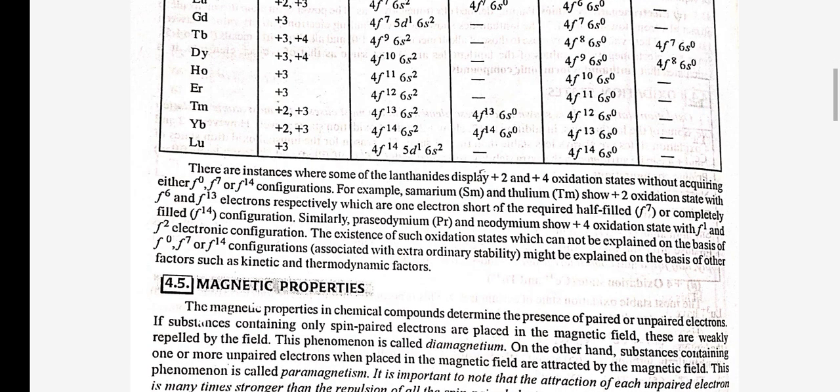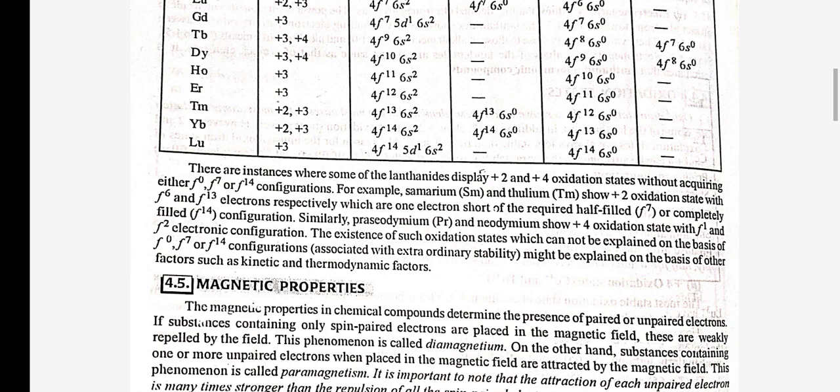There are instances where some of the lanthanides display the +2 and +4 oxidation states without acquiring either f0, f7 or f14 configuration. For example, samarium and thulium show the +2 oxidation state with f6 and f13 electrons respectively, which are 1 electron short of the required half-filled f7 or completely filled f14 configuration.